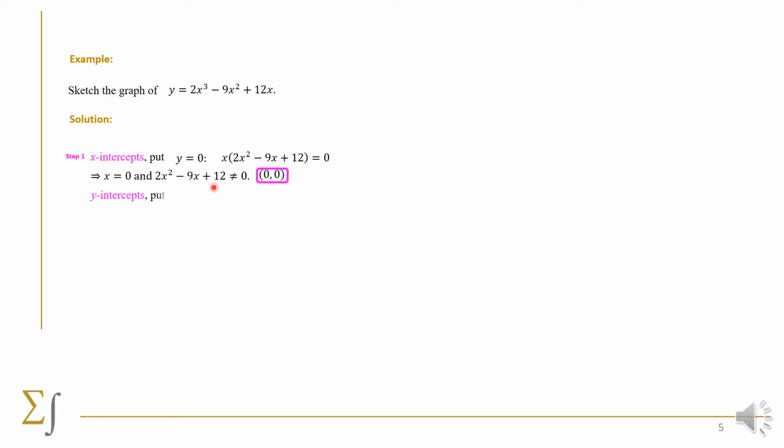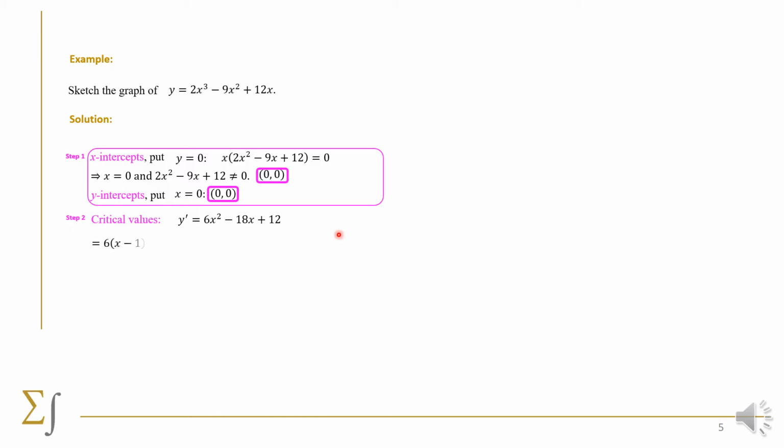In a similar way, we find the y-intercept by putting x equals 0 in the above equation, and we get also y equals 0. In the coming step, we find the critical values of the given polynomial. So we differentiate, we find the first derivative to be 6x squared minus 18x plus 12.